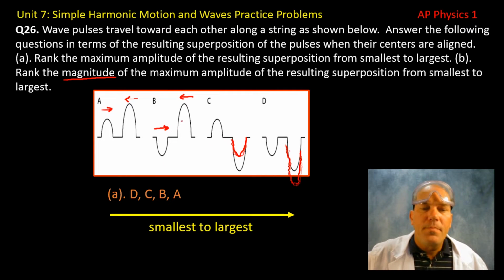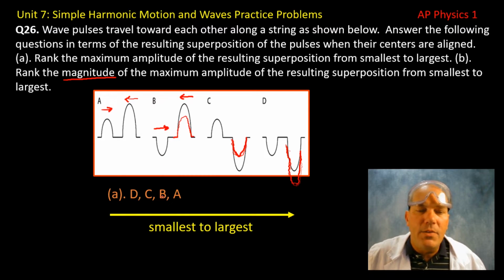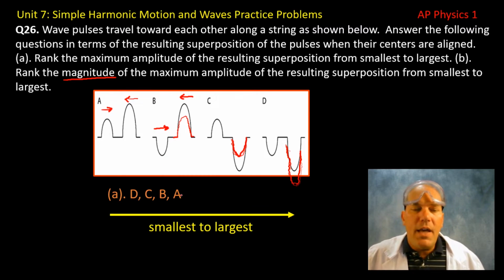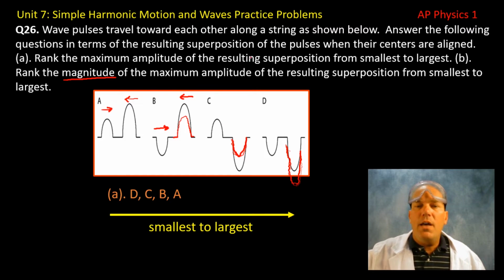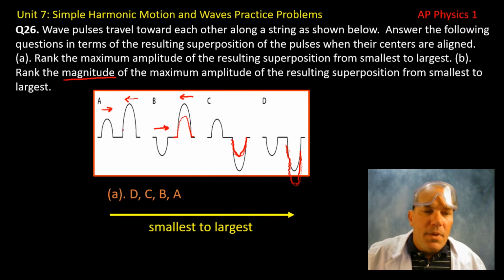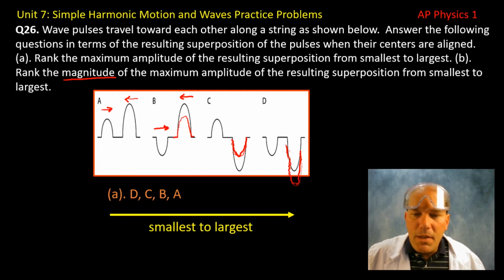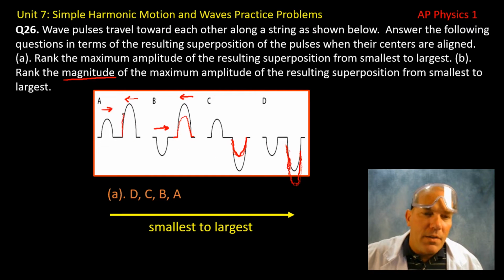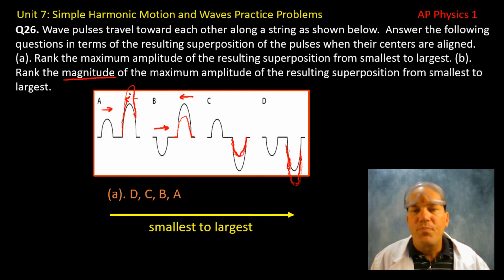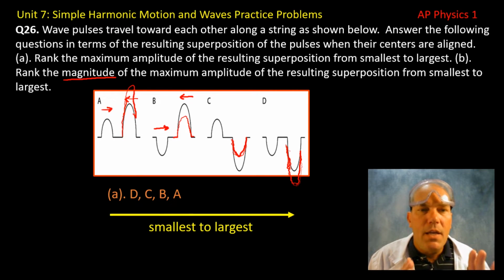Then we go to B. Okay, B, we're going to have something perhaps that looks like this, but it's going to have a positive value, which is why it's greater than C and D. And then lastly, our largest resulting superposition is going to be A, because it's basically going to be what we saw in D, except a positive value, something like this. You get the point.